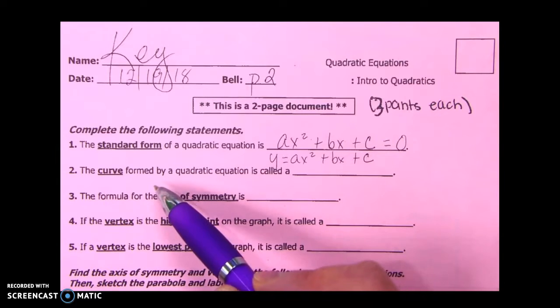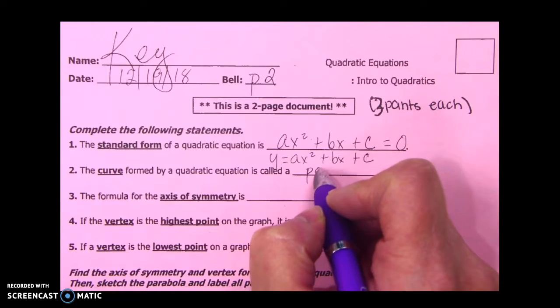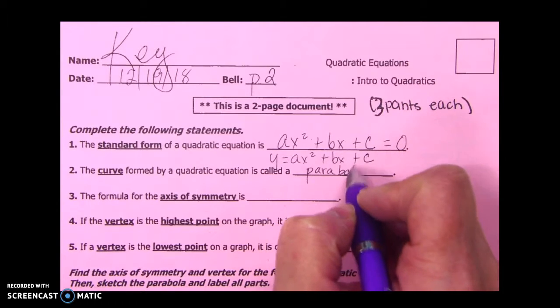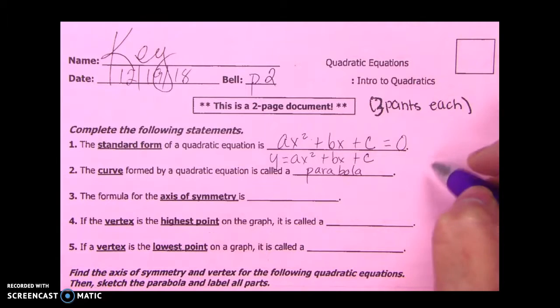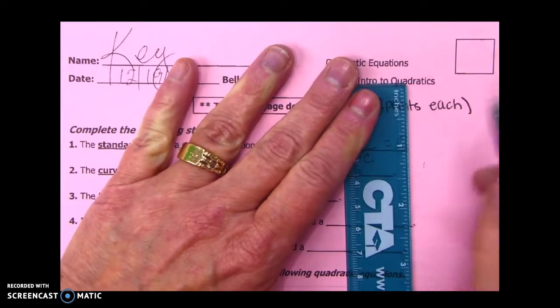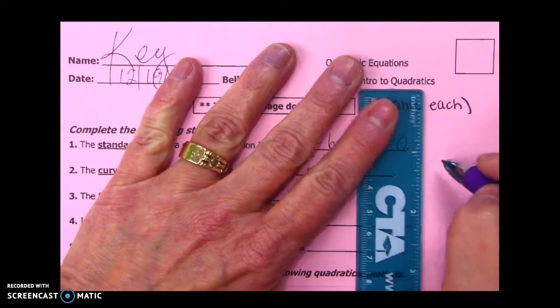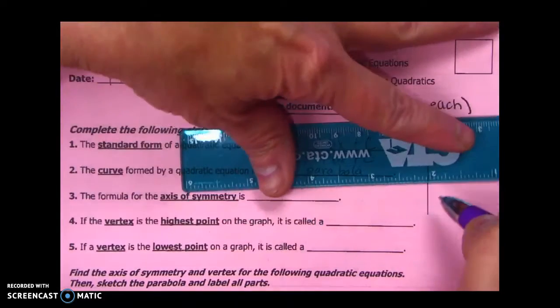The curve formed by a quadratic equation is called a parabola. Okay, and that is that U-shaped curve. So on a graph, please get into the habit when you are showing what these look like to use straight edges.